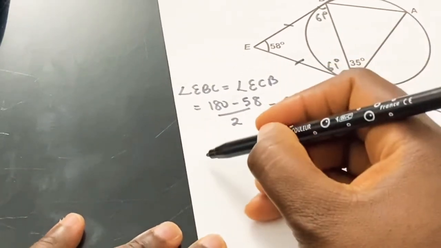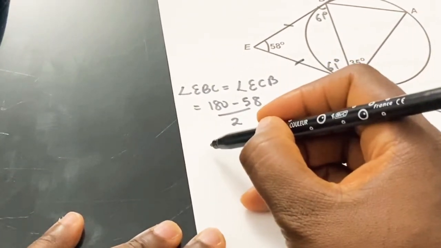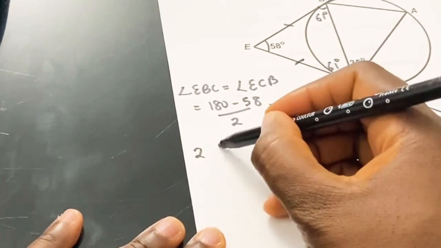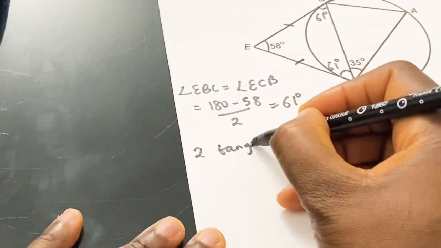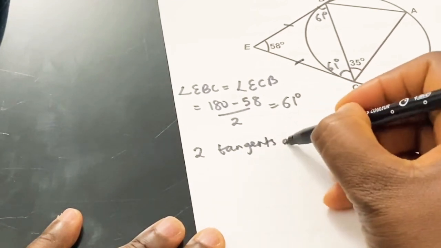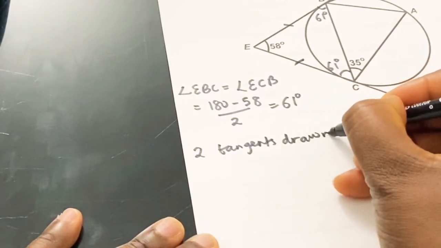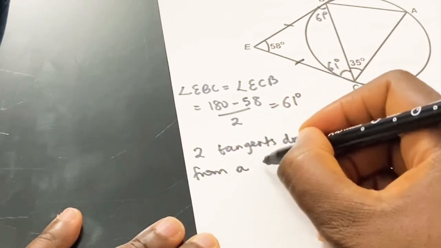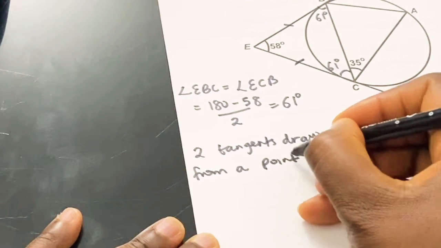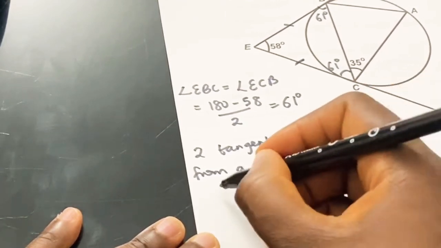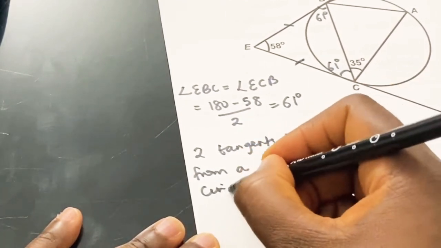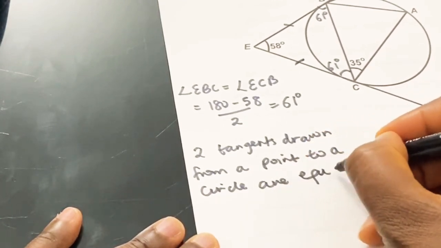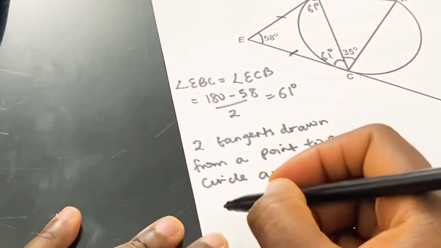And my reason is, first of all, two tangents drawn from a point to a circle are equal.